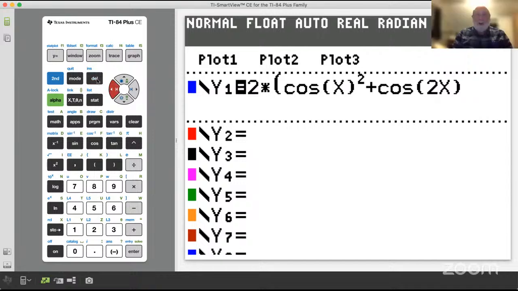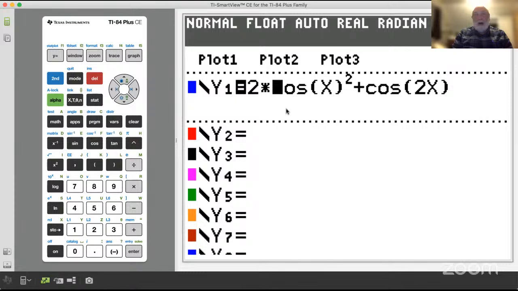I'm pretty sure that's going to be interpreted correctly. Out of force of habit, I make ample use of parentheses just to make absolutely sure. But I believe the priority here is that function application will be first, and then it'll square. So we should be in okay shape.